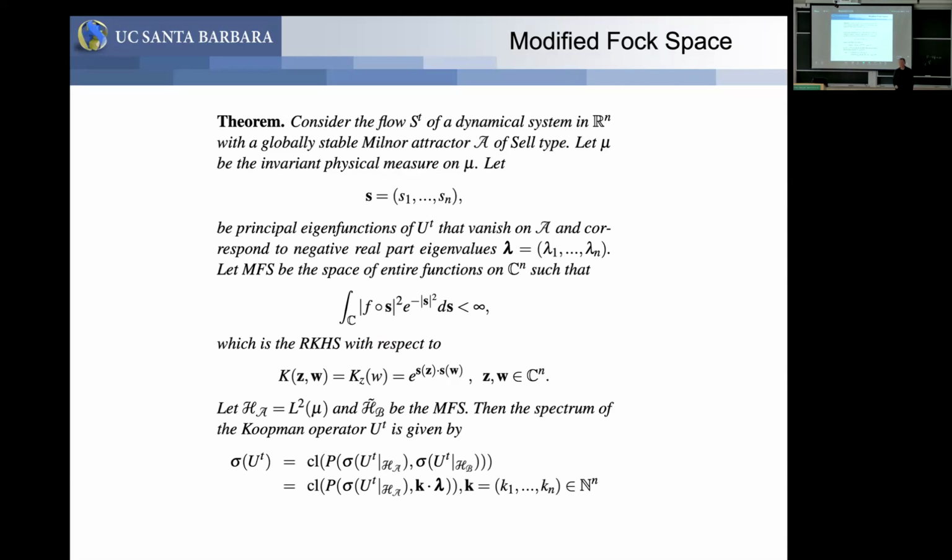Mihai Putinar at UC Santa Barbara, because he told me, well, look at Fock spaces. Fock spaces have on the real line a density that looks like that. It turns out that the Koopman operator does not conserve the Fock space structure, so the Fock space structure is not closed under the Koopman operator except if the dynamics is linear.